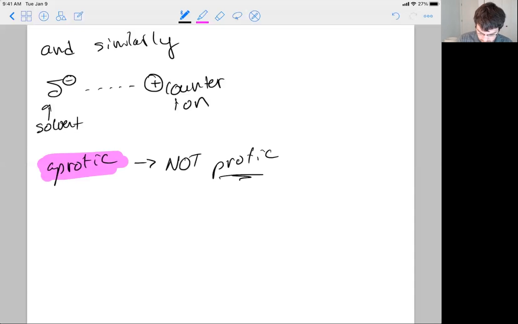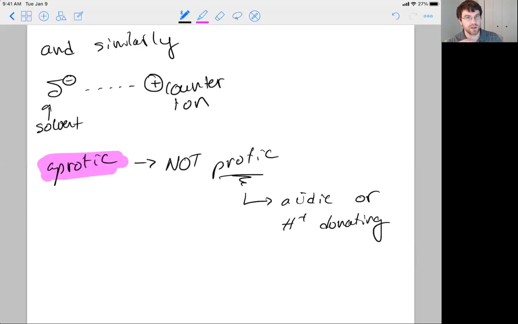Now, protic refers to acidic or H plus donating, because acidic can take on different terms. We don't say acidic. First of all, it sounds awkward. But aprotic specifies that the type of acid that we're worried about is something that donates H pluses around. Okay, so we have polar aprotic.